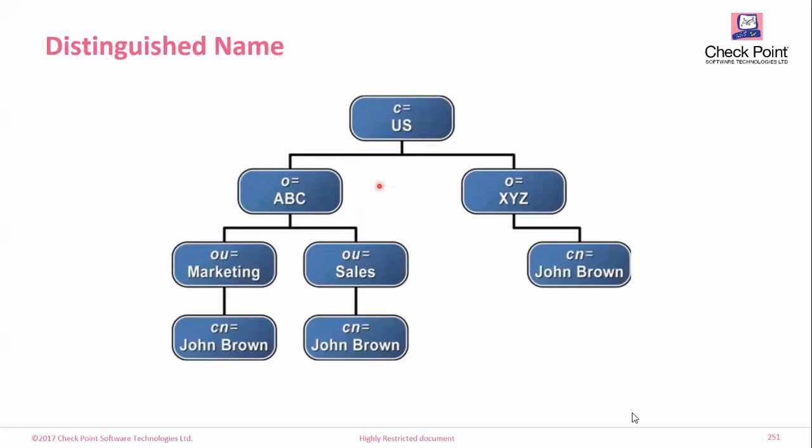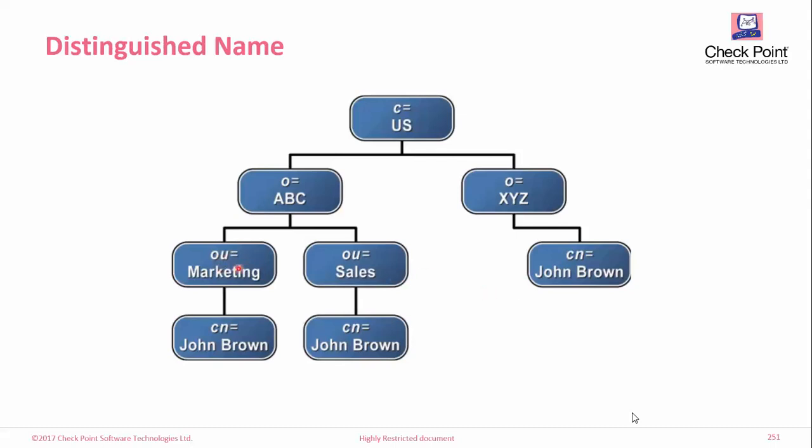Talking about distinguished name, this is just a very simple illustration here, but all we're trying to do in our business is just to organize our business, and we organize it in a hierarchical structure, all right? So we break down our business into an organization. We have different OUs as organizational units. So maybe we've got a marketing department, a sales department, an IT department, whatever it might happen to be.